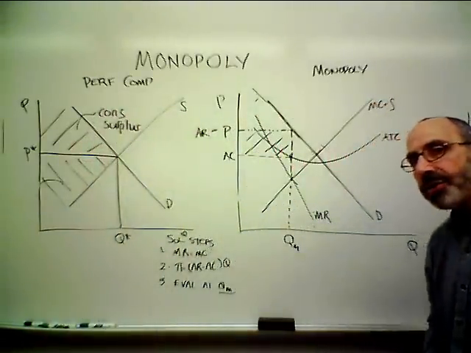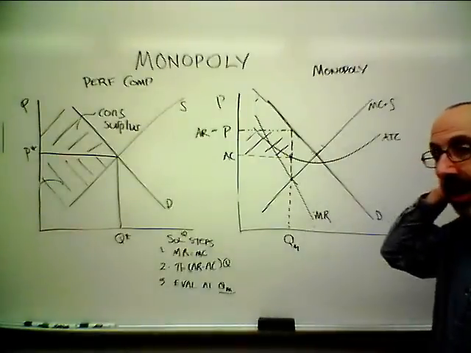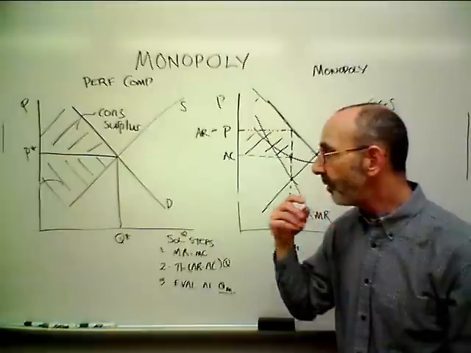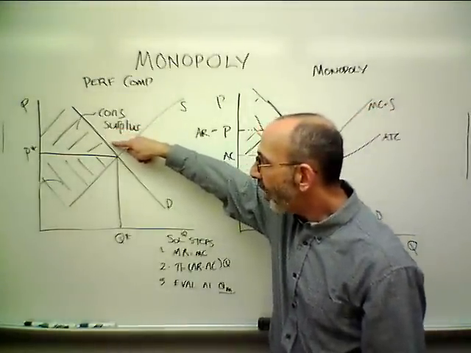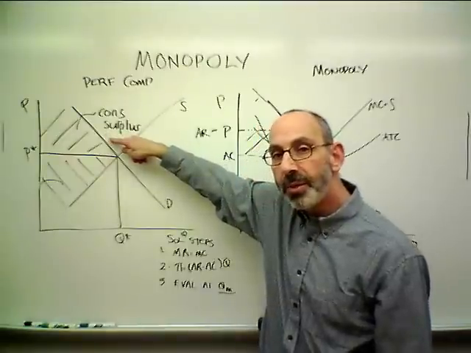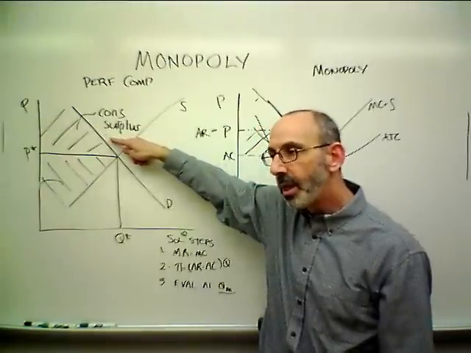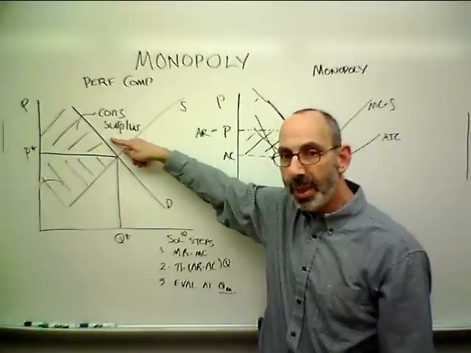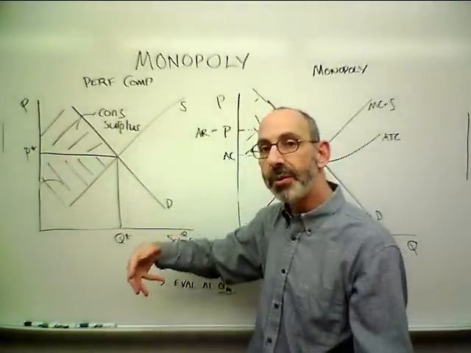The question is, how is that different from perfect competition? Recall that in perfect competition, two specific things occur. The first is that we're operating at the point where the marginal benefit revealed by the demand curve, the willingness of consumers to pay to get this commodity, equals the marginal cost. They're willing to pay as much as the benefit they receive.